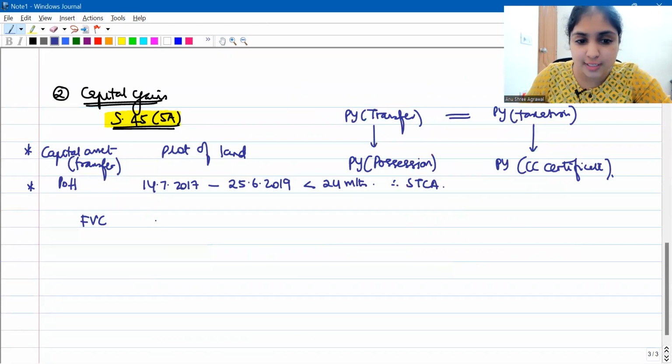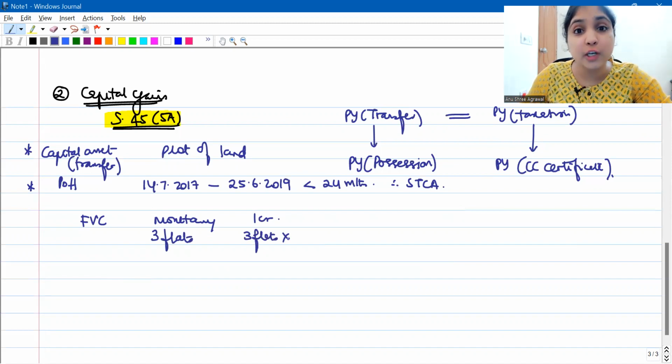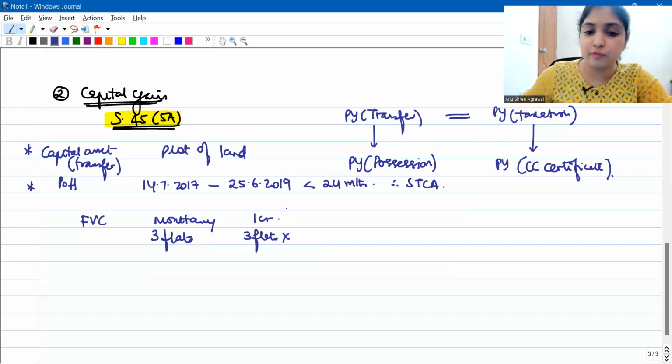So what is full value consideration? The monetary consideration part, which is going to be 1 crore rupees, and also 3 flats. For 3 flats, you will consider the SDV on the date of construction completion certificate date. So SDV on the CC certificate date is 2 crore 51 lakhs.